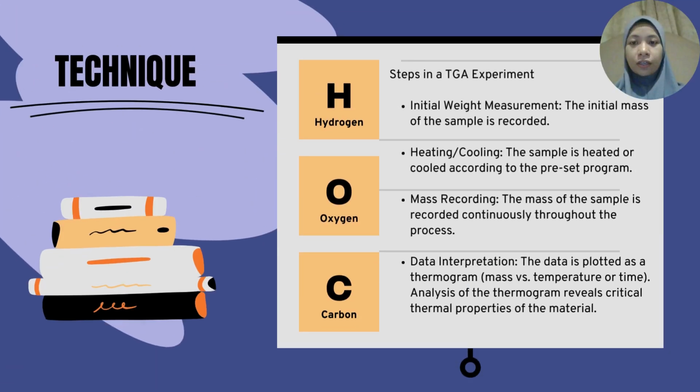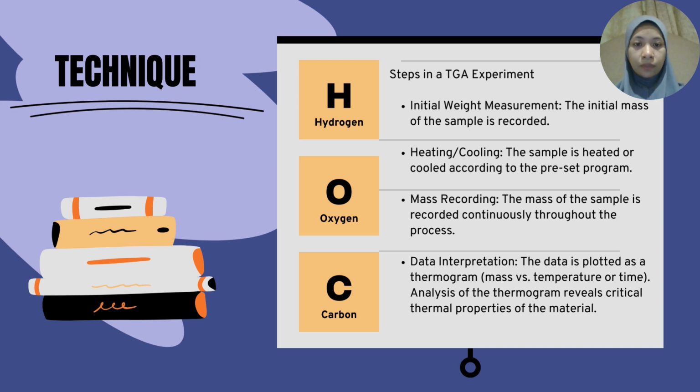Okay, the technique steps in a TGA experiment. Initial weight measurement: the initial mass of the sample is recorded. Heating or cooling: the sample is heated or cooled according to the preset program.